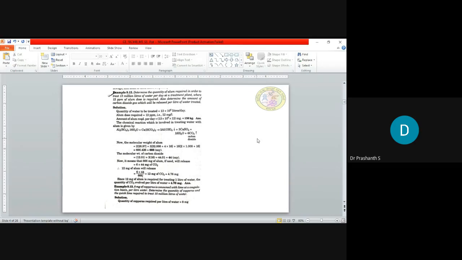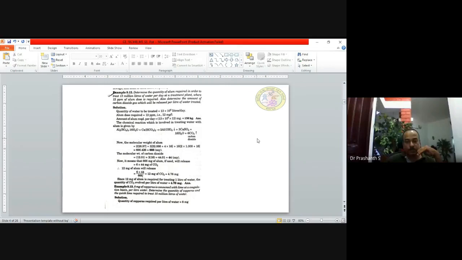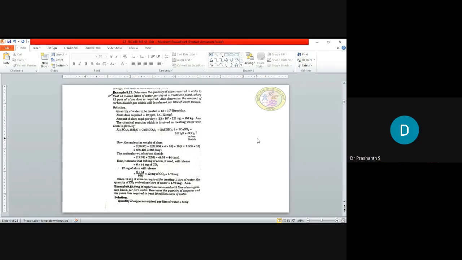If you check the molecular weight of the alum, that is aluminum 2 into 26.97, 3 into 32.066, and so on, if you compute the molecular weight of the alum, it is 666. The molecular weight of carbon dioxide is 44.